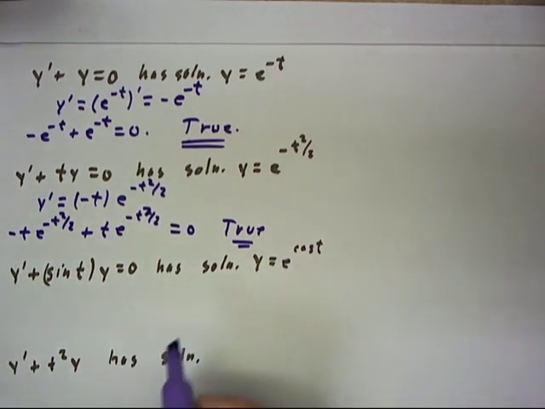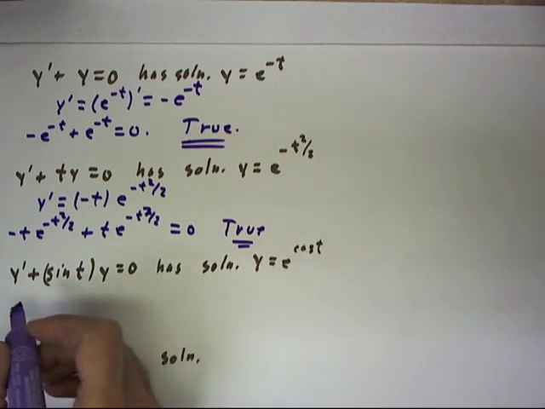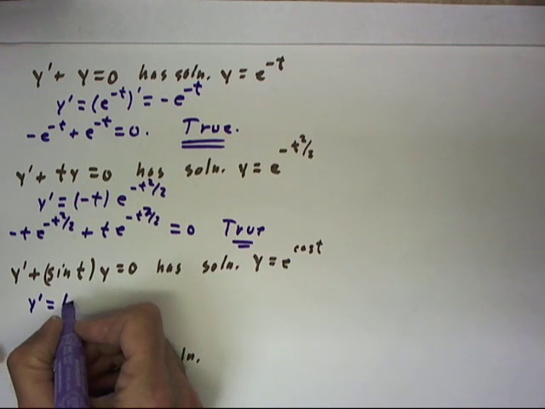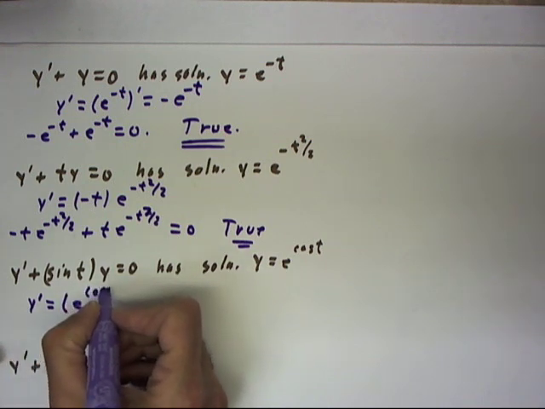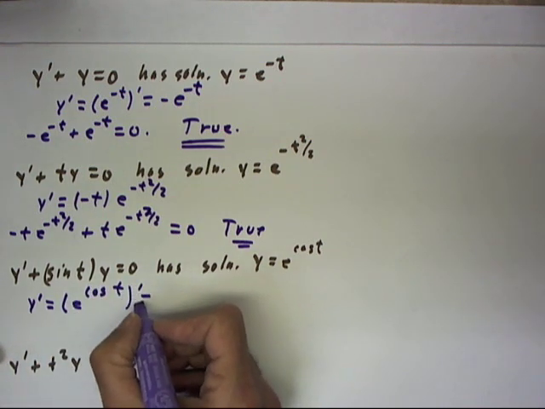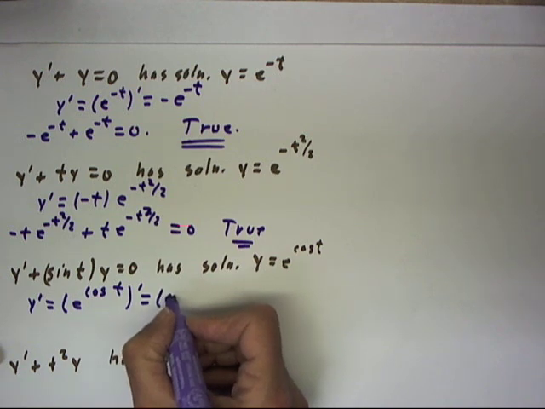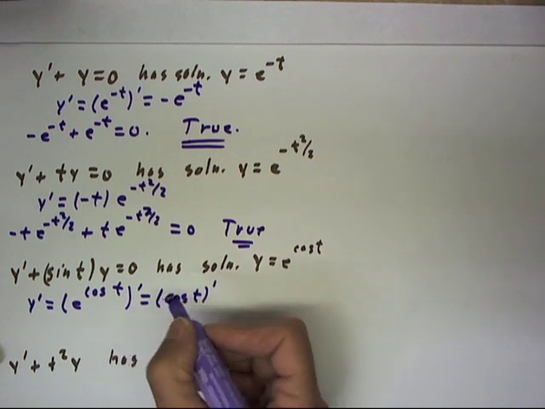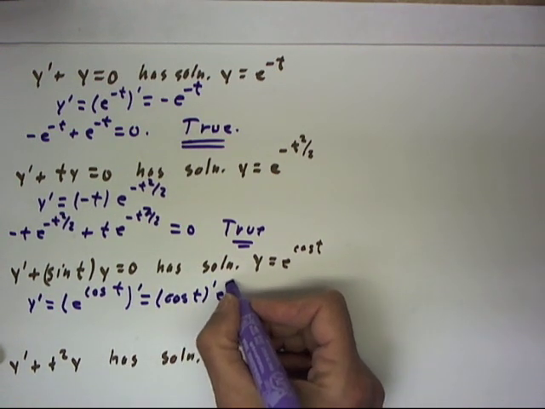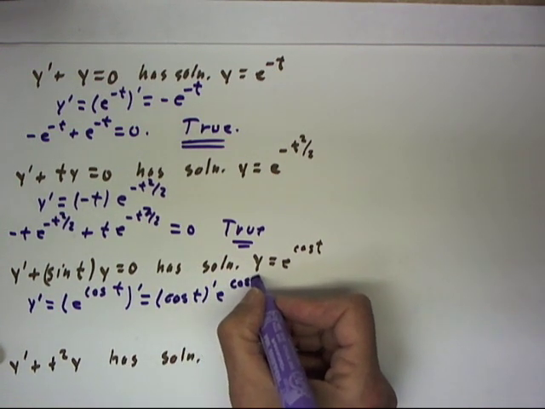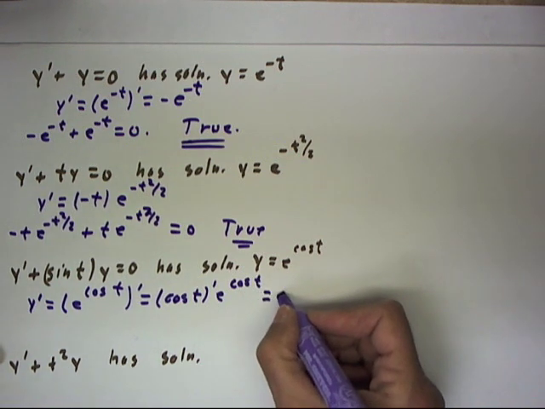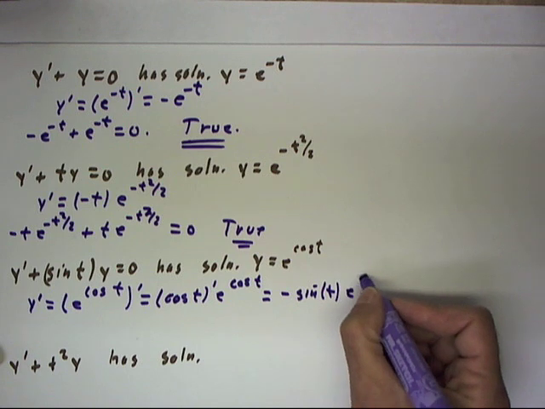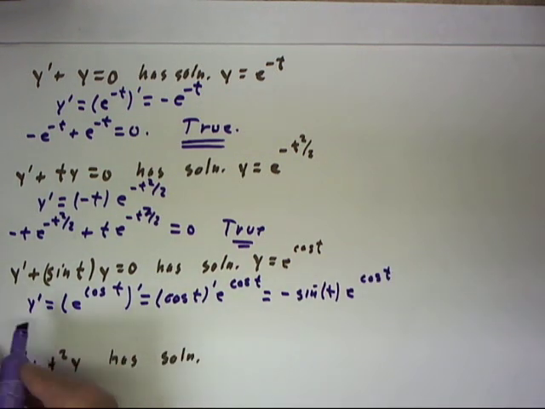Let's try this one. y equals e to the cosine t, so that y prime equals e to the cosine t, prime, which is the derivative of cosine of t, which is negative sine of t, times e to the cosine of t.